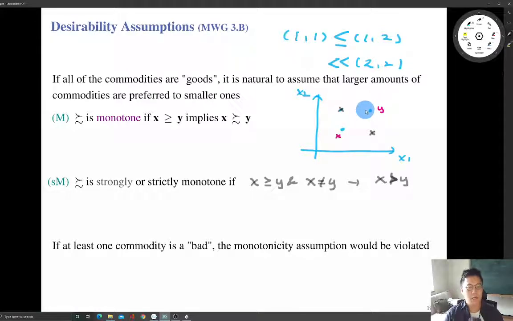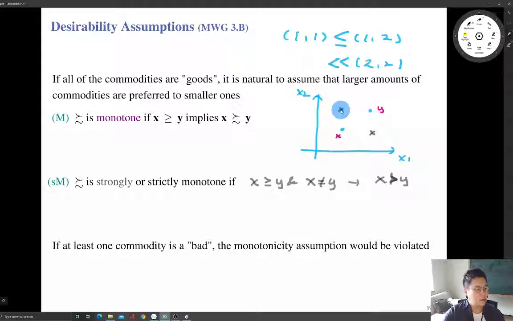Some consumers may prefer this one, and other consumers may prefer that one. One implication of monotonicity is that if the preference is monotone, then the indifference curve has a negative slope.